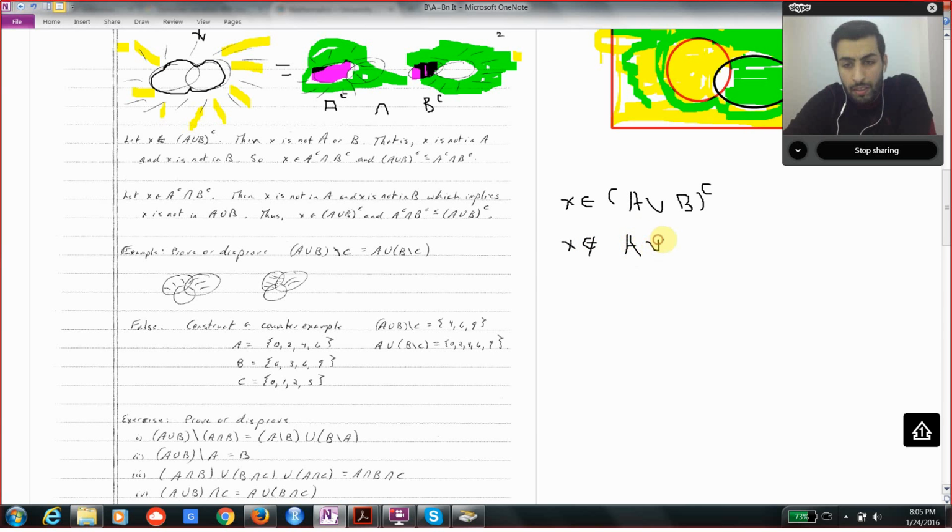And now I'm going to use logic. I'm going to rewrite this as a logical statement. Okay? This little squiggle means not. So it is not the case that X is an element of A union B.